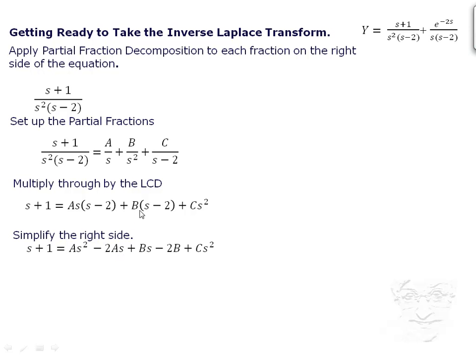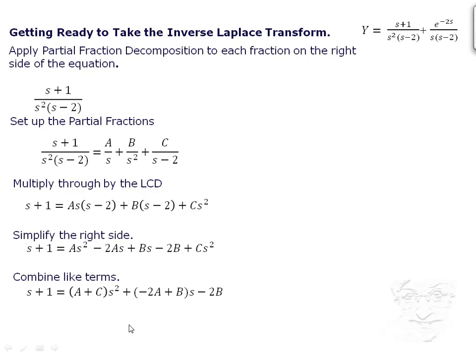Distributing through by b, you get b s minus 2b, and then I have plus c s squared. Combine like terms. My s squared terms are a s squared plus c s squared, a plus c times s squared. I have my s terms, negative 2a s plus b s, which gives me negative 2a plus b times s, and that leaves me with negative 2b.